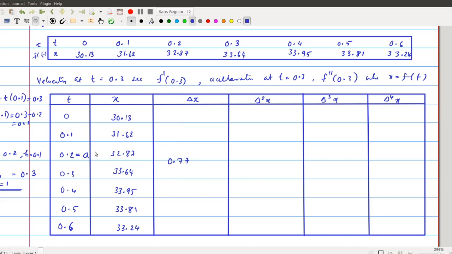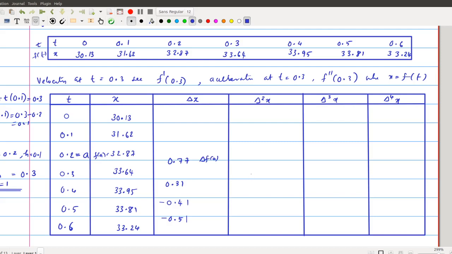If this is a, then this is our f of a, and this will be del f of a. So here we have 0.31, this is minus 0.41, and this will be minus 0.51. Similarly you can write these values here, but we are not bothering about those.